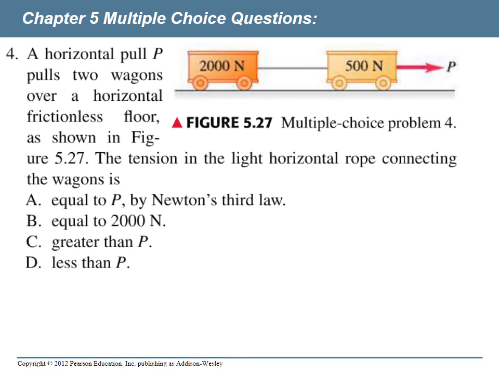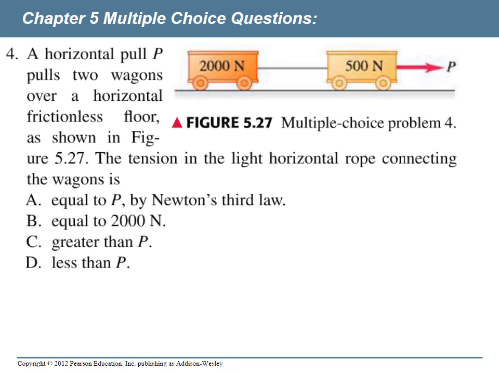So P causes 2,500 newtons, 2,000 plus 500, to accelerate at 1 meter per second squared. But the force in the horizontal rope only makes 2,000 newtons accelerate at 1 meter per second squared, so it would have to be less of a force, right? This one has to be less. P has to accelerate both of these, versus this one only has to accelerate this one, right?